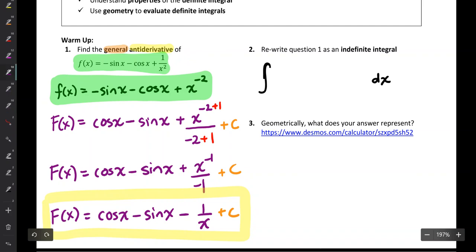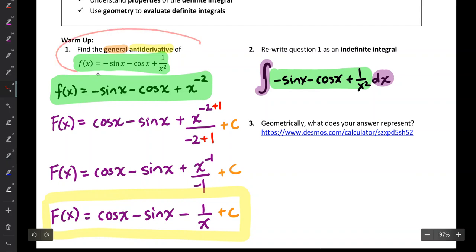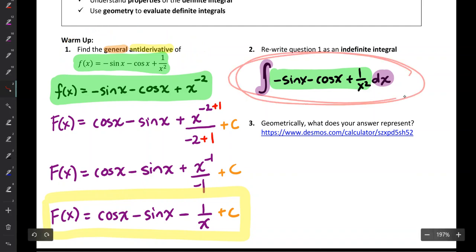These two symbols partnered together are saying the derivative of what function, or more specifically, what family of functions, is the green function right there. So being asked to find the general antiderivative of f of x is the same question as being asked to find this indefinite integral of my green function.